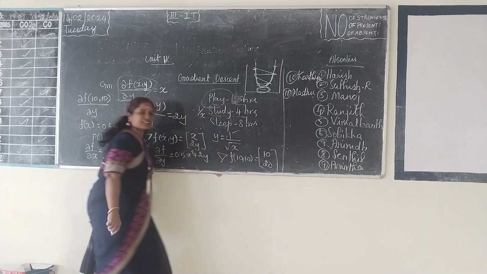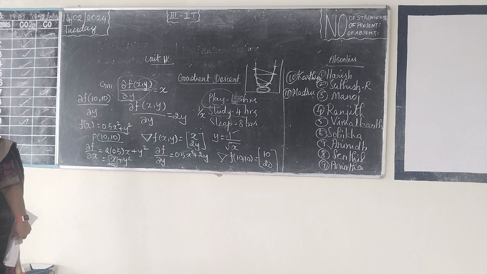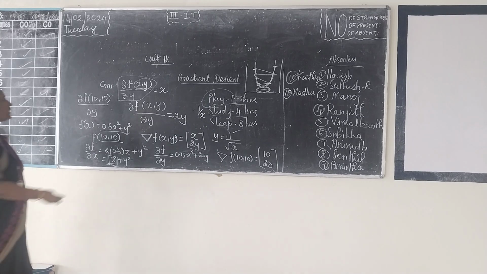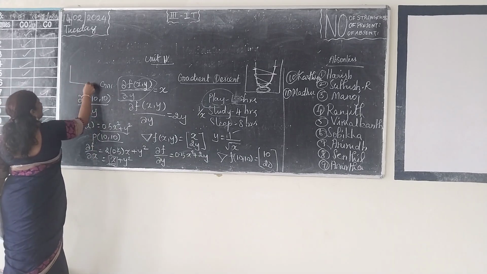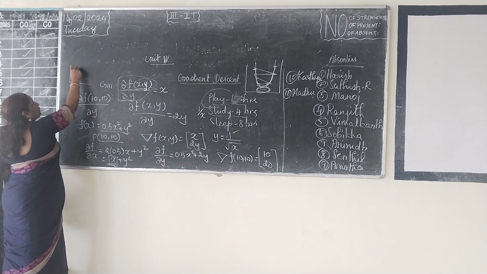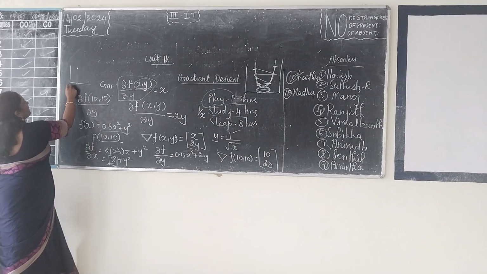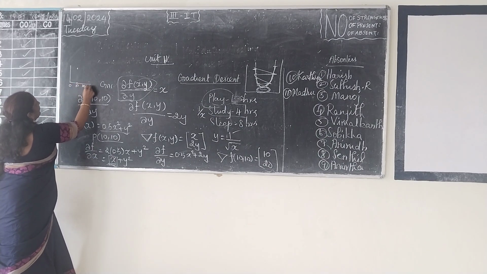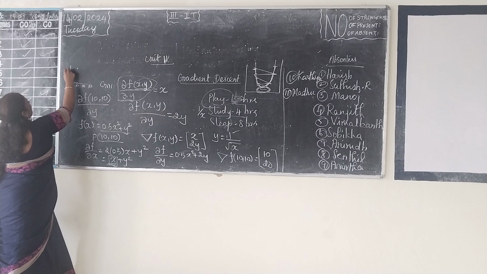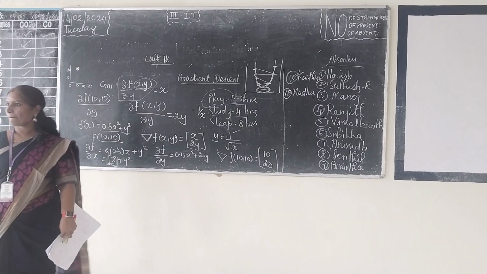When you consider this as a slope, on the x side it is only 10, whereas on the y side it is 20. In the graph, the point will be here.